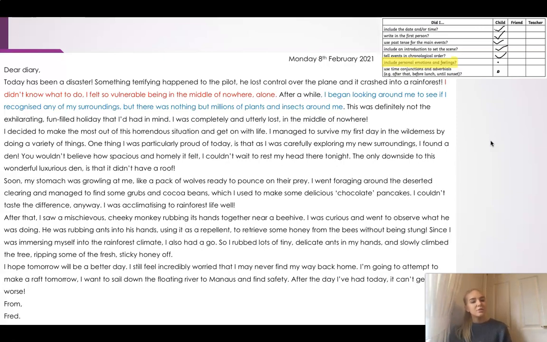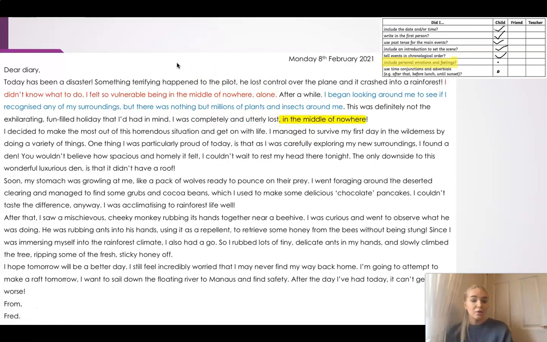And then I can continue by reading, this was definitely not the exhilarating, fun-filled holiday that I had in mind. I was completely and utterly lost in the middle of nowhere. And we can see some more repetition here, in the middle of nowhere. Well, I've already mentioned in the middle of nowhere here, and we really don't want to be repeating ourselves.